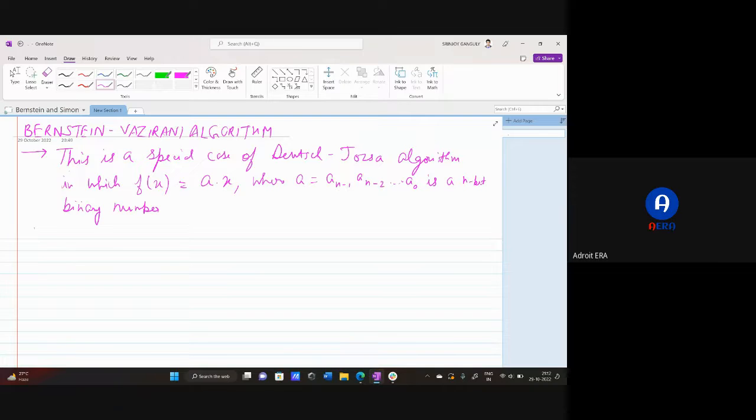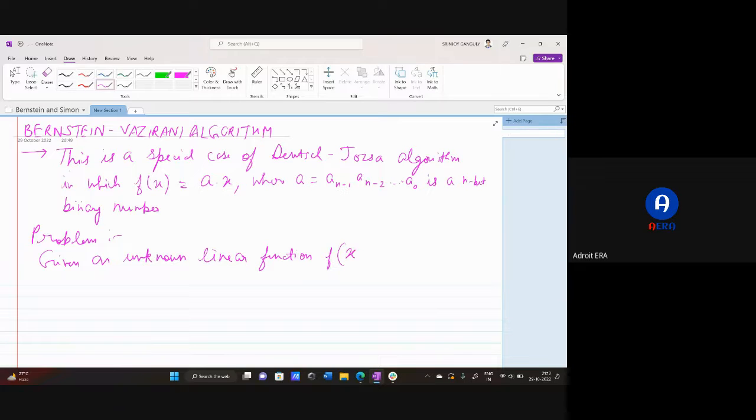Let us again write the problem statement, just like we did for Deutsch and Deutsch Jozsa. Given an unknown linear function. We know that the function is linear; this information we have.